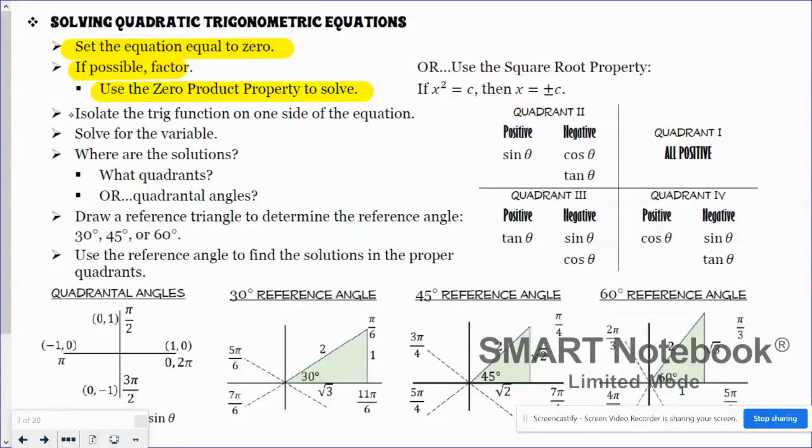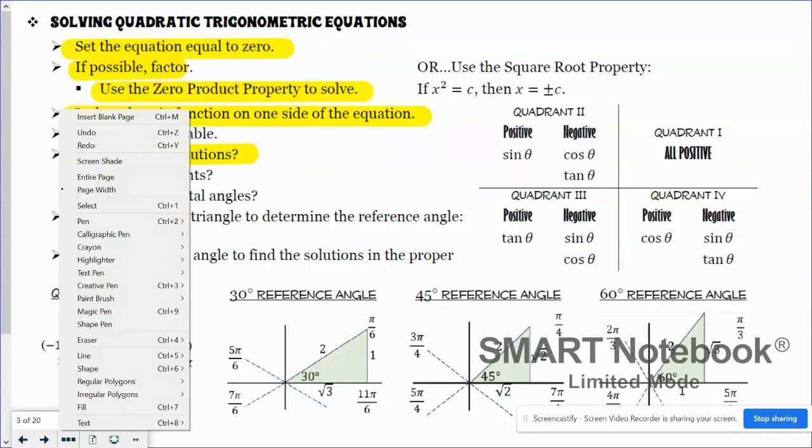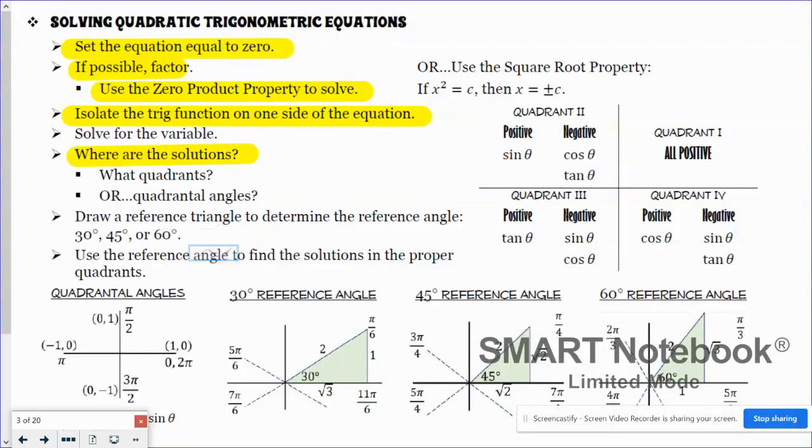So what that means is that's when you're going to be isolating the trig function on one side of the equation. And to solve for the variable, you have to ask yourself, where are the solutions? Like what quadrants are they in? Or are they quadrantal angles? You'll know it's a quadrantal angle if it's equal to positive 1, -1, or 0.